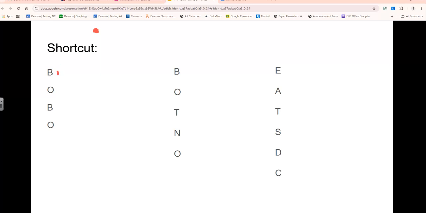BOBO: bigger on bottom, and then that O right there is a 0. So if your fraction has the bigger degree exponent on the bottom, you're going to get 0 for your answer every time.